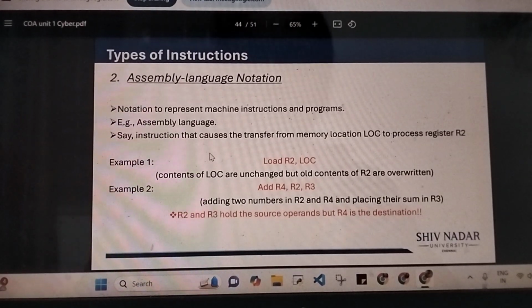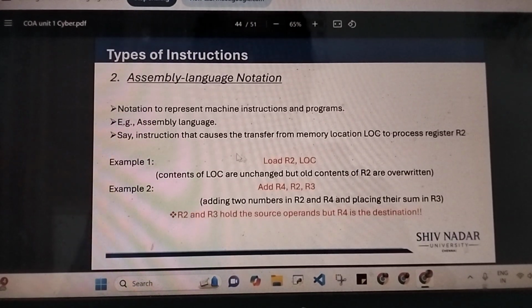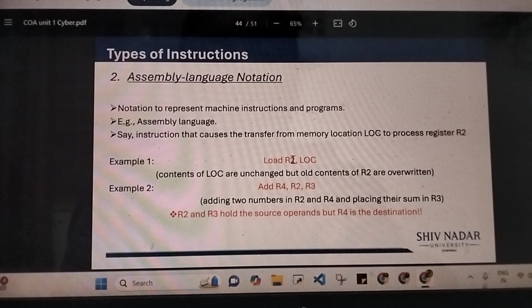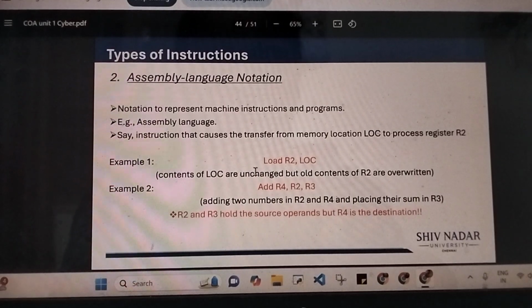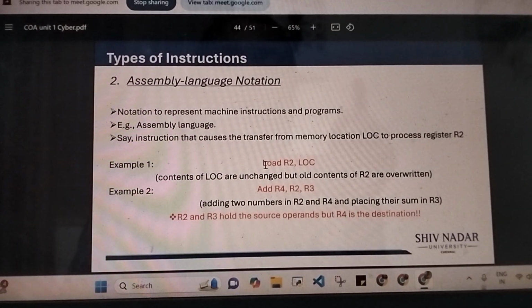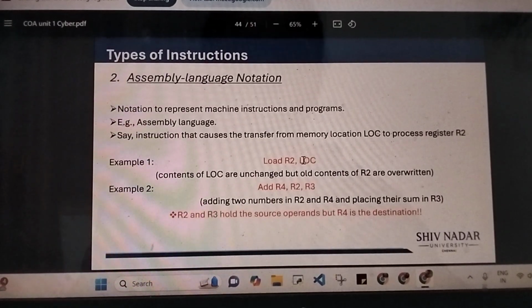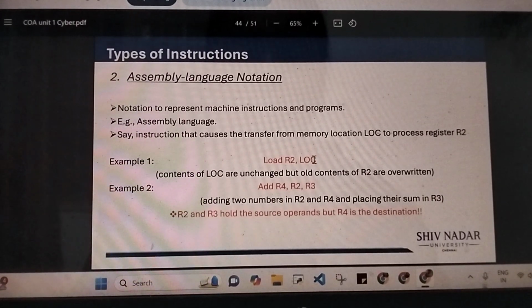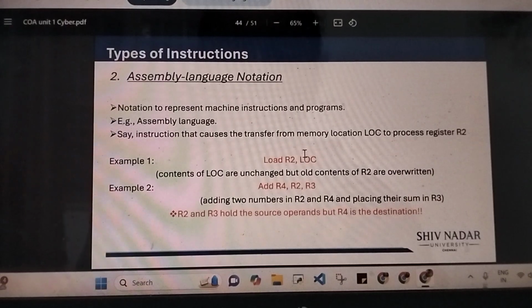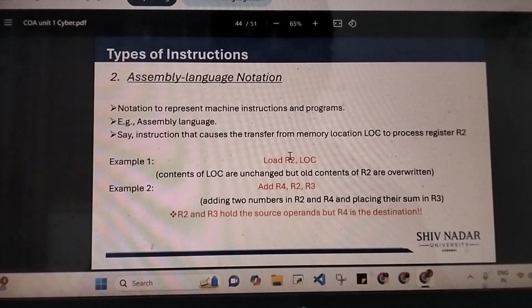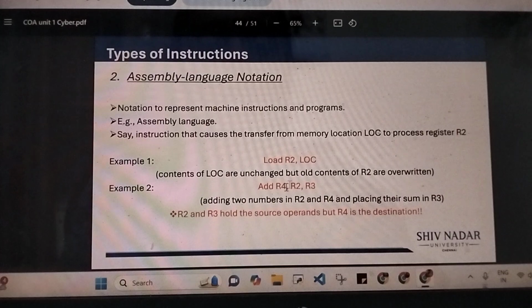So first one we saw was RTN, the second is assembly language notation. Here again your R2, LOC, R2, R3, R4, these are registers, and instead of those arrow marks and braces which you had in the previous framework, here we have keywords. We have the word load, which is like a read operation. So you take the contents of LOC and you load the contents of LOC and put it into register R2.